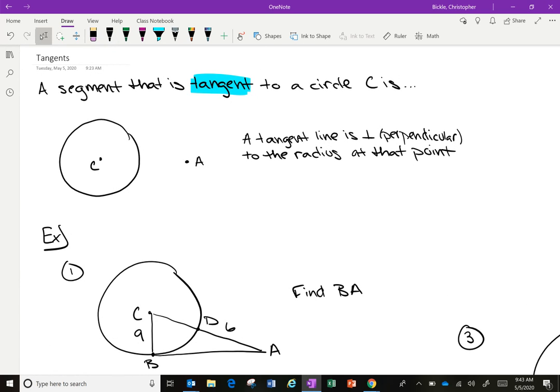When we have a segment that is tangent to a circle, this has nothing to do with the trig functions that we looked at before. We're talking about a line that is tangent to something. A line that is tangent to something means it approaches it and touches it at exactly one point. So for a tangent line to a circle, if we're looking at this circle here that's centered at C, a line starts on the outside, and it's really a line segment because we're not going to have these continue forever. A tangent line is going to come up this way. I didn't do a very good job there.